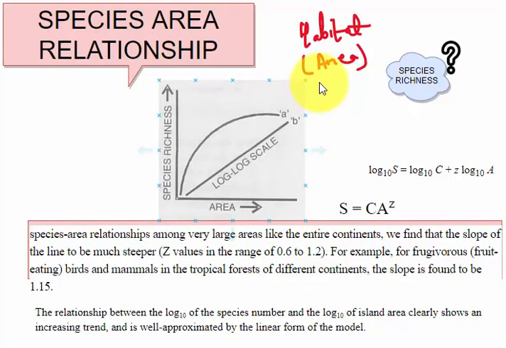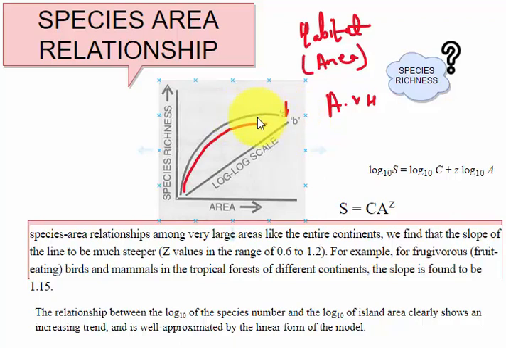Alexander von Humboldt observed that the diversity of species increases with increase in explored area. But it has a certain limit. It is not unlimited expansion. Up to a certain limit, the expansion will take place.